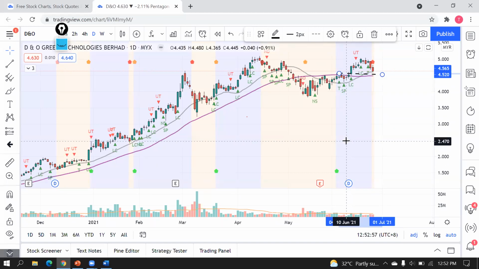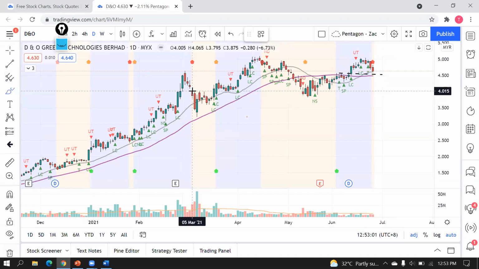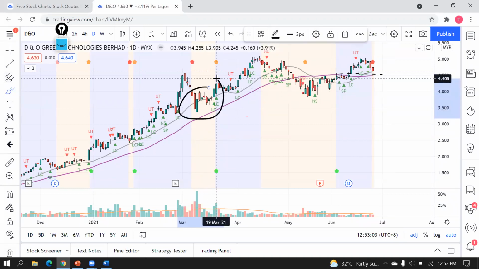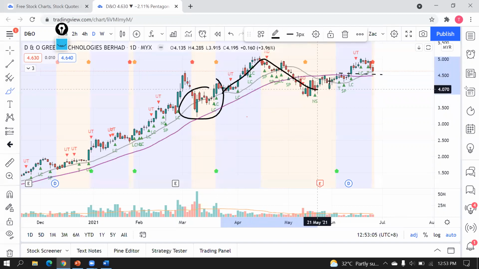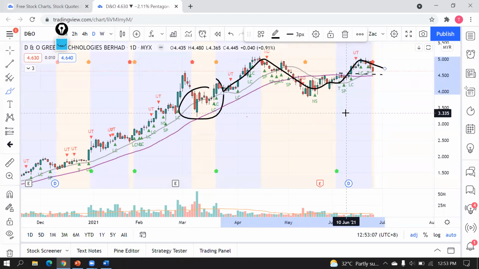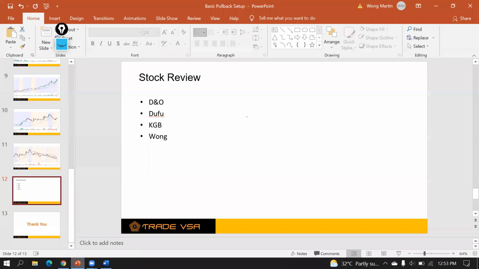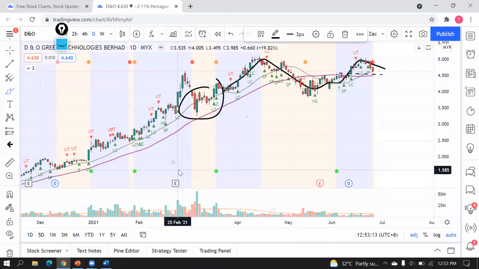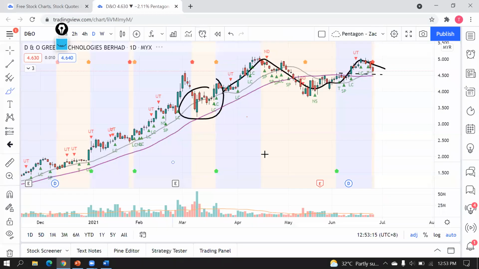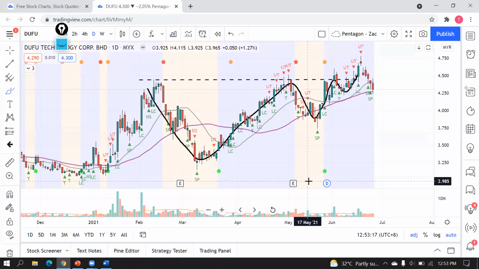I think D and O will be sideways for a while, because here we got some high volume and crossed the 20 and 40s. So maybe it will form a VCP first. It's not a stock that's suitable for this type of pullback. Maybe it will form a VCP pattern.